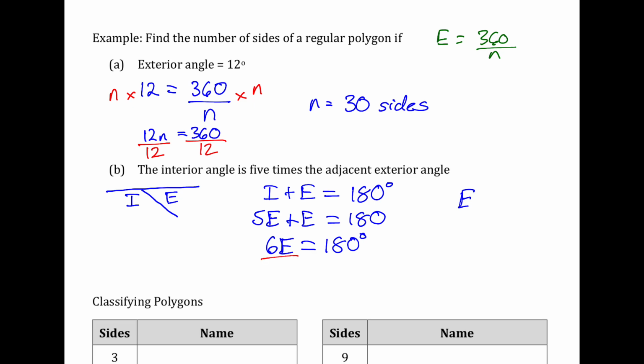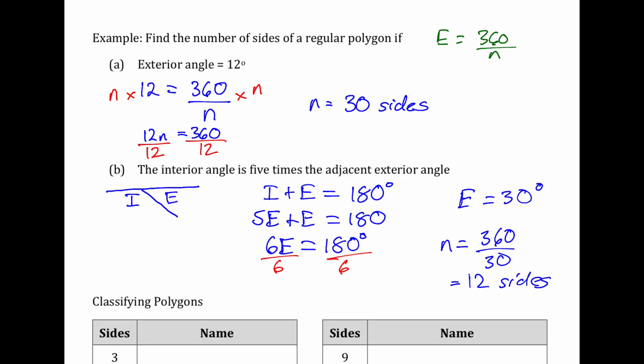We're going to use division. Divide by 6 on both sides. 180 divided by 6 is 30. Cool. What does N have to be? How many sides is that? 12.